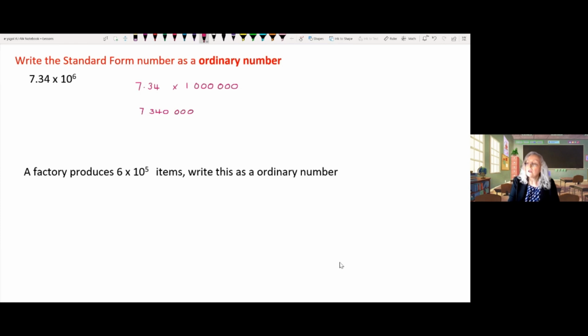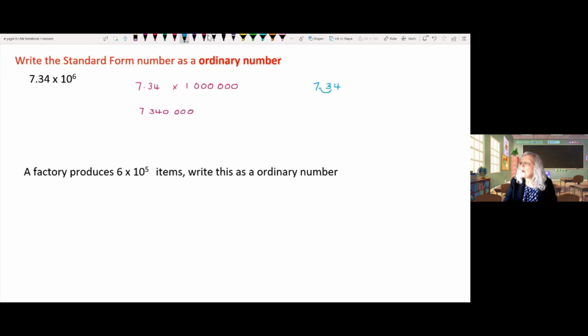So this is going to be 7,340,000. Now, one way that people sometimes think about this is with the decimal point again. They think, 7.34, I know that this is a large number, so I need to move the numbers 6 places to get the decimal point in the right place.